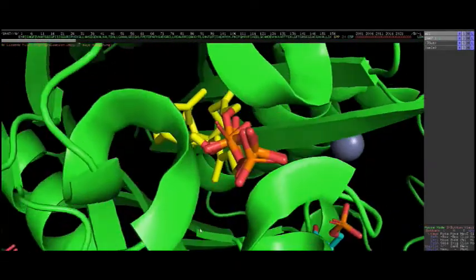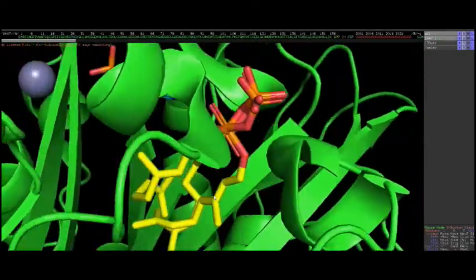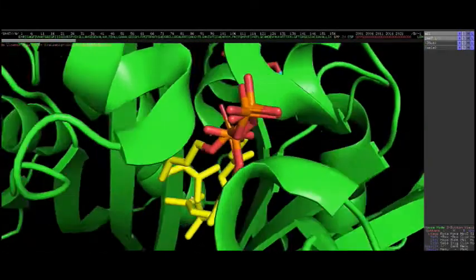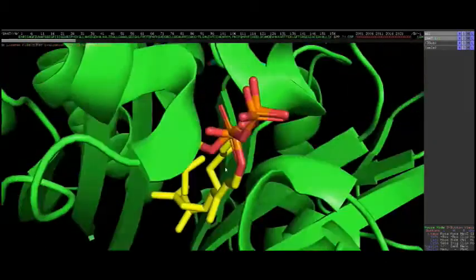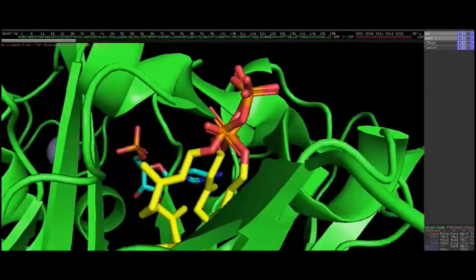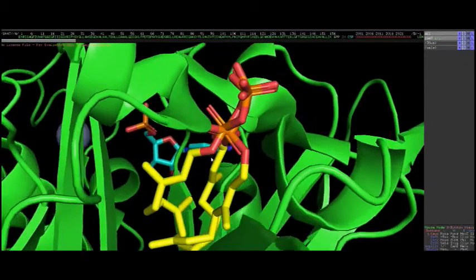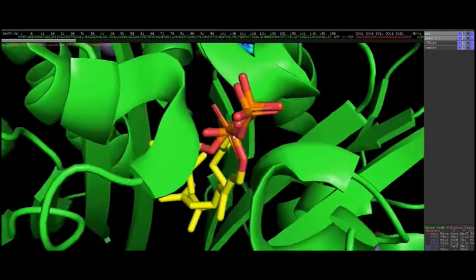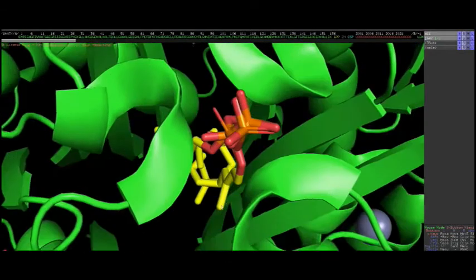And you can see they have modeled it in 3 different ways that it could bind in here. And so they probably saw electron density for all 3 different conformations of this Geranylgeranyl pyrophosphate. So you can see the 2 orange phosphorus atoms here in the pyrophosphate.